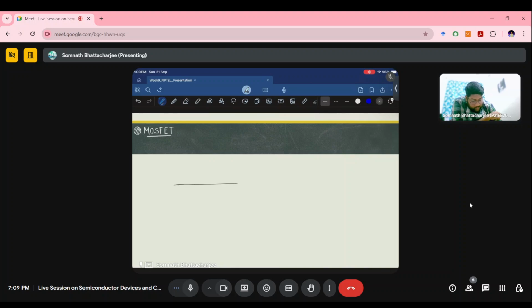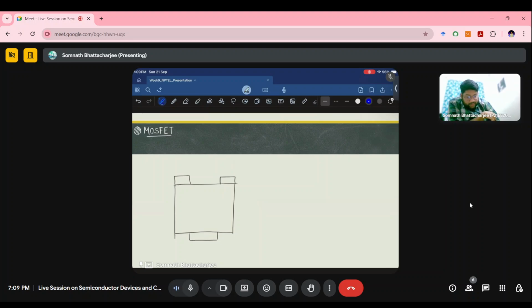So if we have a box kind of structure like this, now in this box, first we know that there are at least three terminals. So what we can do is connect these three terminals differently. The basic MOSFET structure had three terminals, and based on that we are just connecting three terminals like this.